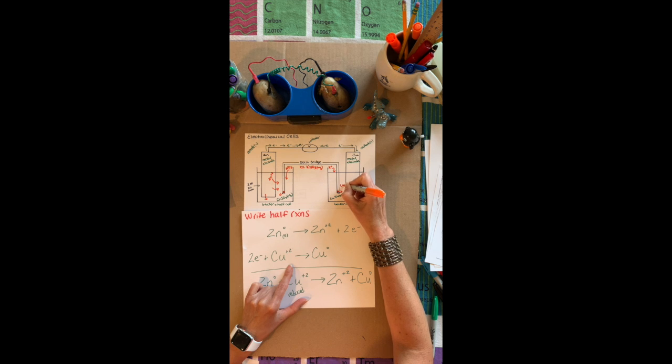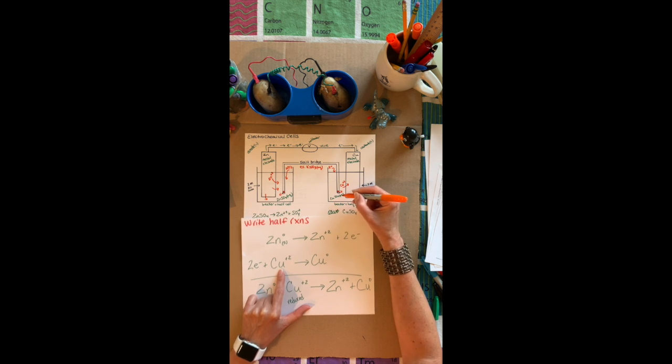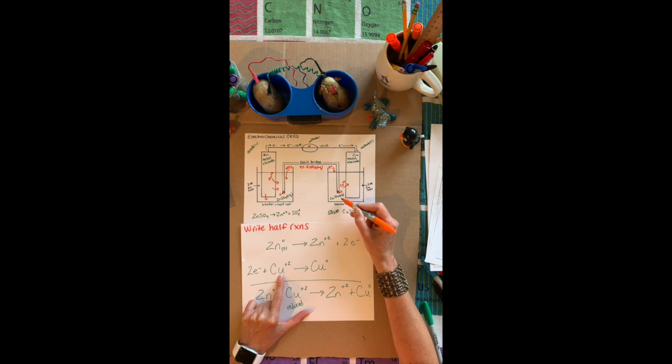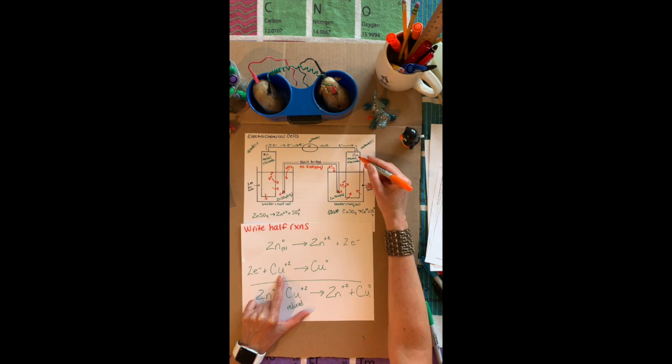The Cu2+ ions grab those electrons. So the copper(II) sulfate ions generated in the solution go and grab those electrons that are traveling down through this copper metal.